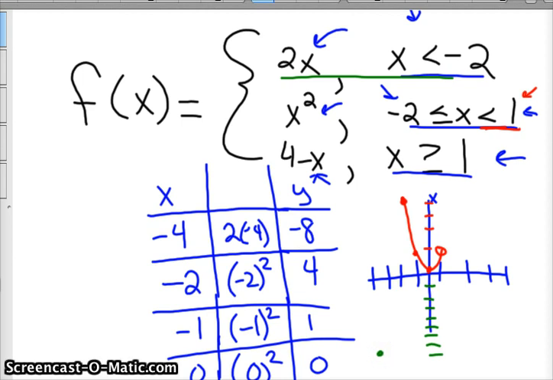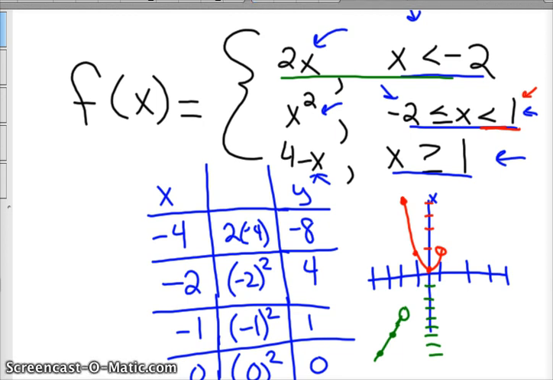And then -3 would be -6. So we know we have a line that goes up here, and when it reaches -2, there's an open circle because it doesn't include -2.